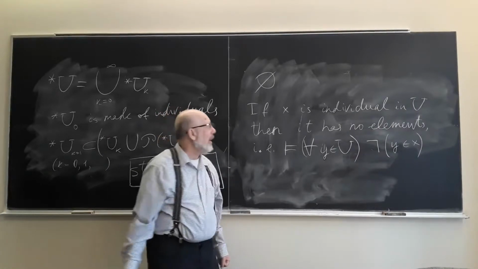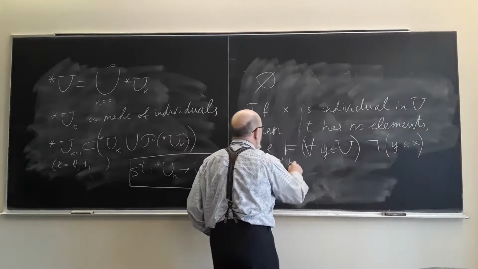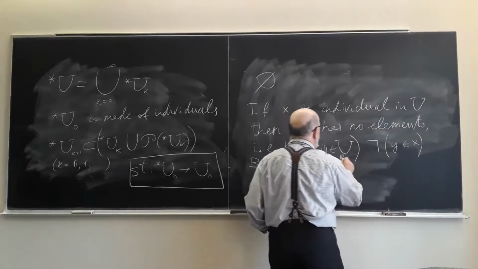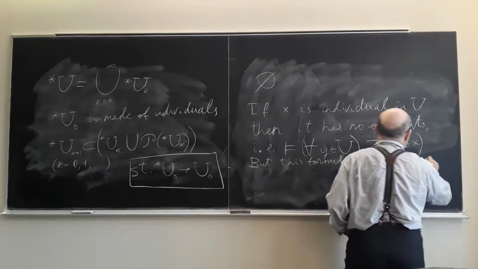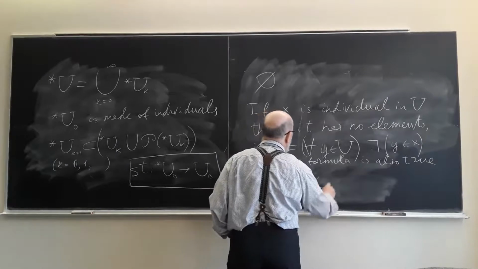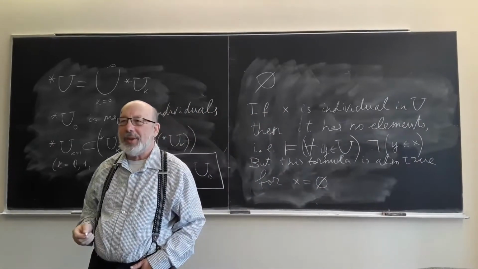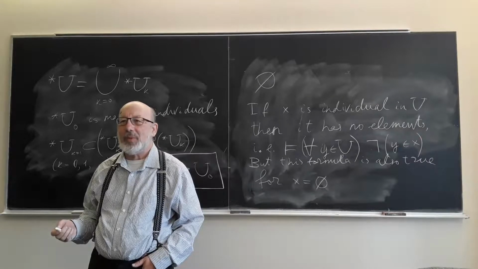But this formula is also true for X equal to the empty set, because by definition no Y is an element of the empty set, because the empty set has no elements.